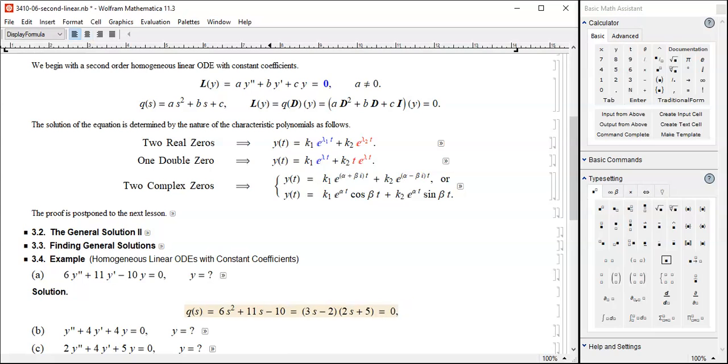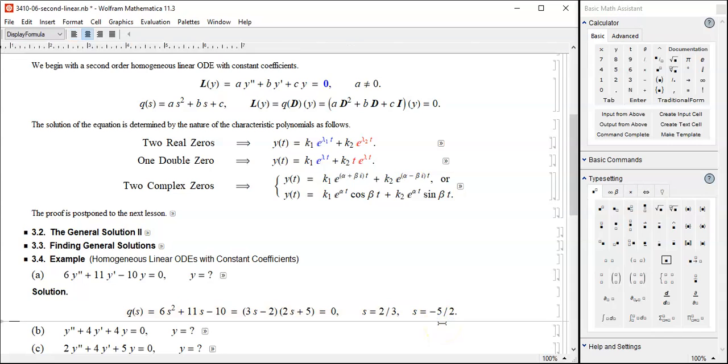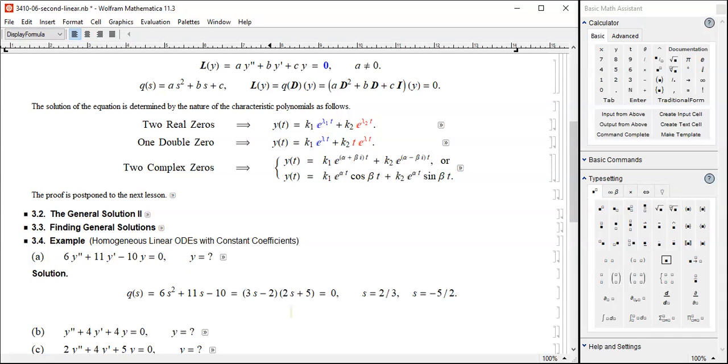And set it equal to 0, and what do we have? s is equal to 2/3, or s is equal to negative 5/2. Did I do this right? So these two are lambda 1 and lambda 2, the characteristic values. And then the general solution looks like this.